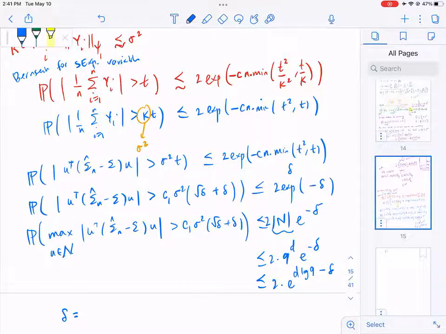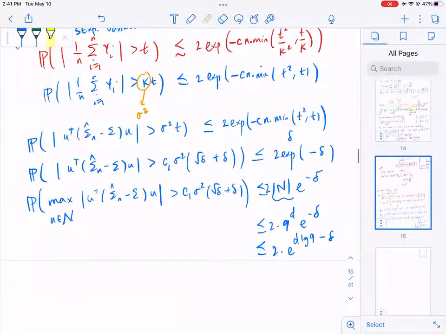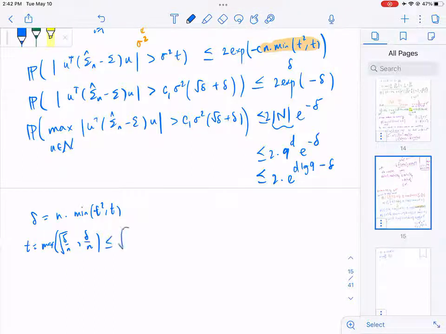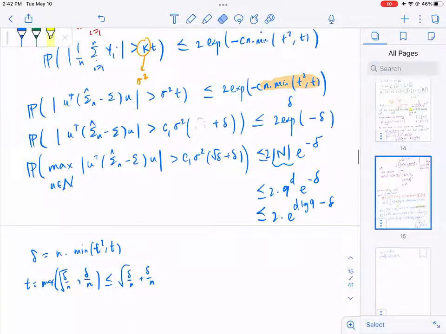So now if I invert it, what do I get? When I try to invert this guy, forget the C, set delta equal to N min of t squared and t. But for each branch, when you set it, delta is equal to N t squared, so I get t is root of delta over N, and then the max of basically these two: t is delta over N. And then this is bounded by root delta over N plus delta over N. So I just have to adjust this.